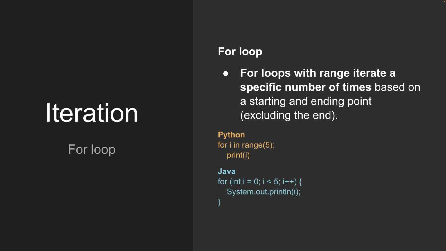And again, excluding, so it would print 1 to 49. And in our example down here, we would start at 0. Again, it's going to always start at 0. In this case, range, it would print 0, 1, 2, 3, 4. And the same thing is going to happen down in the Java, 0 up to, but not including 5, 0, 1, 2, 3, 4. So that's a for loop.